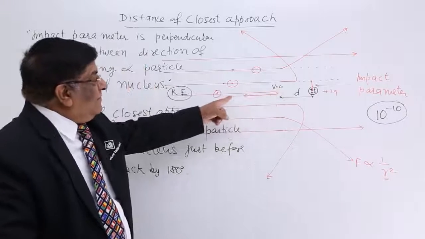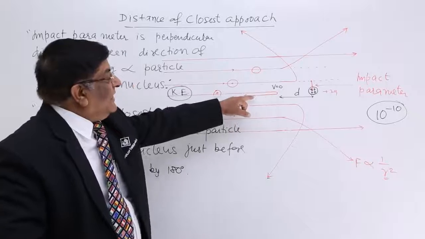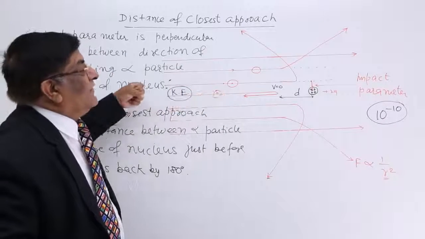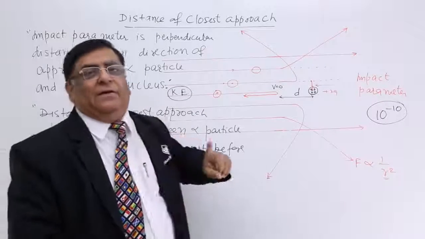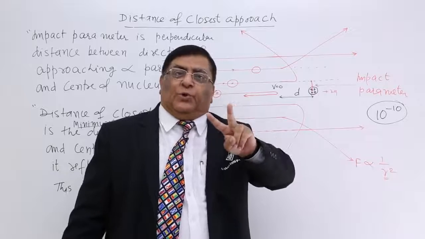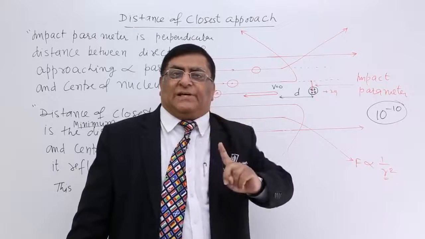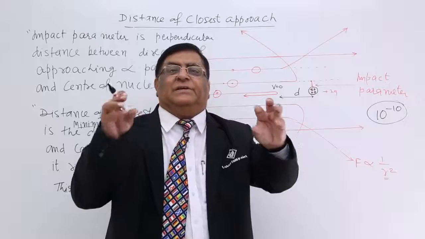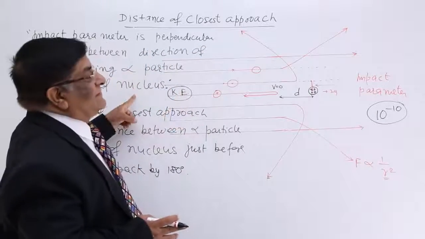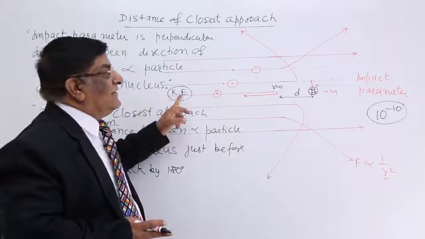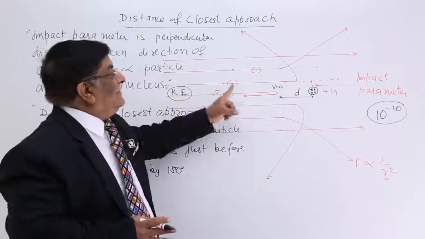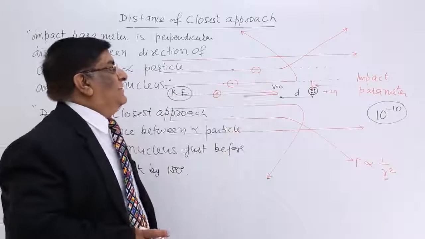Then when it returns, that potential energy converts again to kinetic energy, and the speed keeps increasing. We know the sum of the two is constant and they keep changing into each other. So when the alpha particles started, they had full velocity and full kinetic energy, and that has converted to potential energy here.